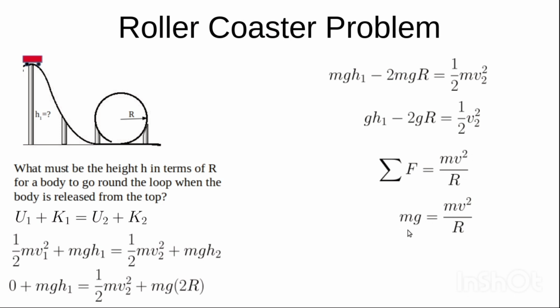We can take care of our m, and we have g equal to v squared over r. Then v squared is equal to gr. So this v squared is the speed at that height in the loop.